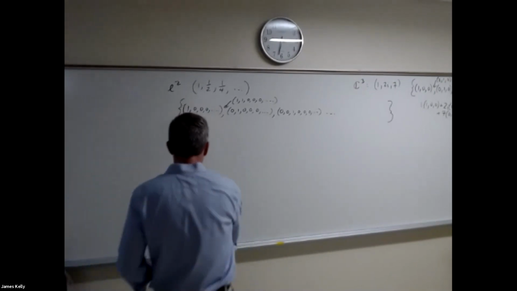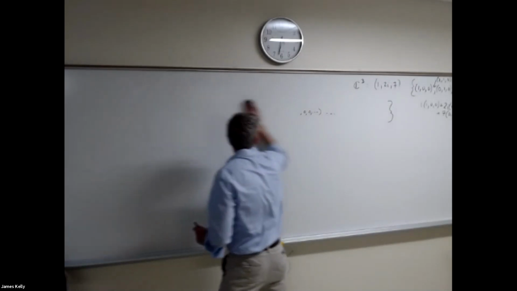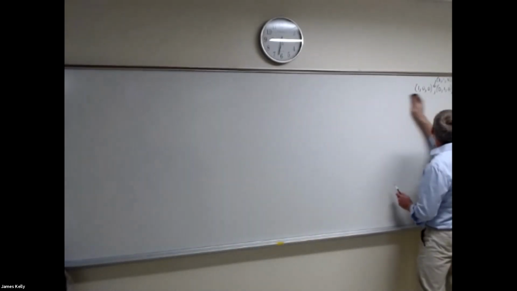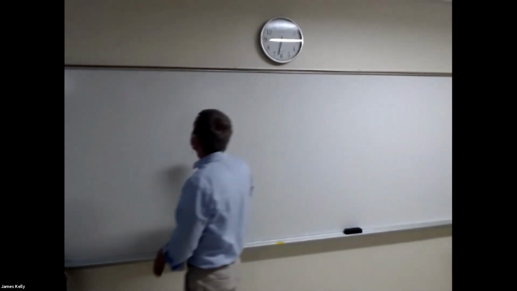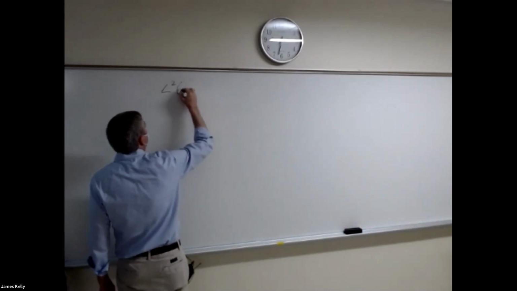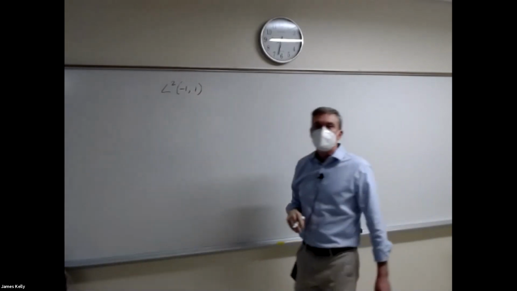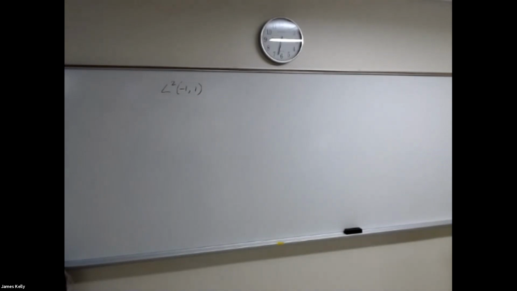Okay. So let's imagine I'm concerned with the following vector space. I want to find an orthonormal basis for the vector space capital L2 on the interval from -1 to 1. That means functions that are square integrable when we integrate from -1 to 1.